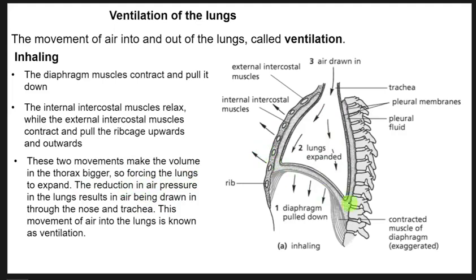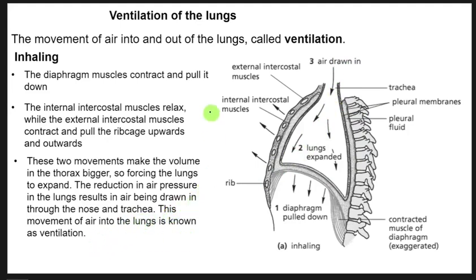So there is a reduction in air pressure in the lungs, which results in air being drawn in through the nose and then passing through the trachea. This movement of air into the lungs is known as ventilation.